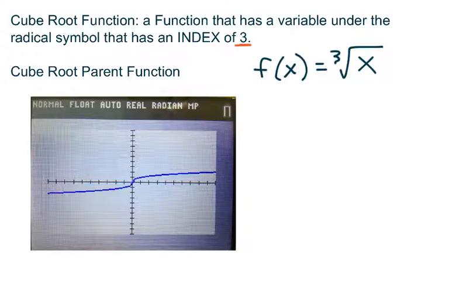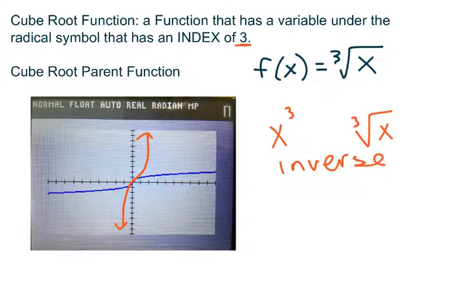Now, this is kind of a weird looking graph, but I do want you to remember that x cubed looked like this, didn't it? Okay, so the cube root of x is, again, what we would call the inverse of x cubed. You will hear things about that as you go on in math.